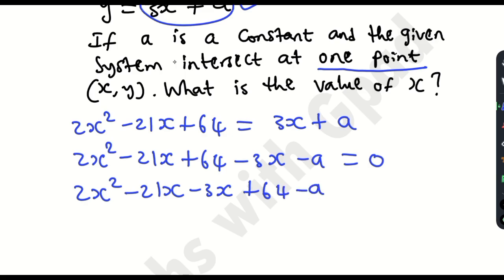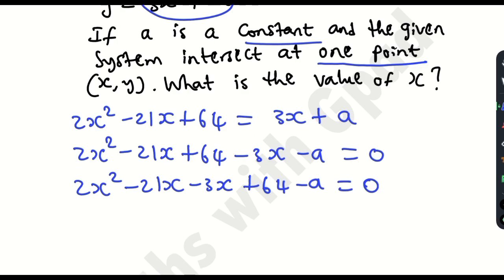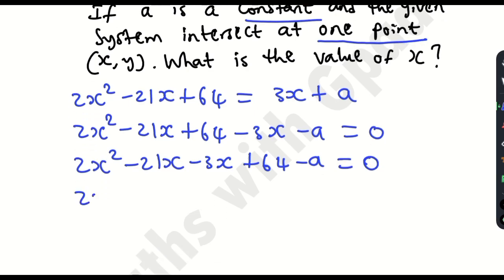Remember, they said a is a constant. This is equal to 0. Let's simplify this. 2x squared, minus 21x minus 3x is minus 24x. And then you have plus 64 minus a is equal to 0.